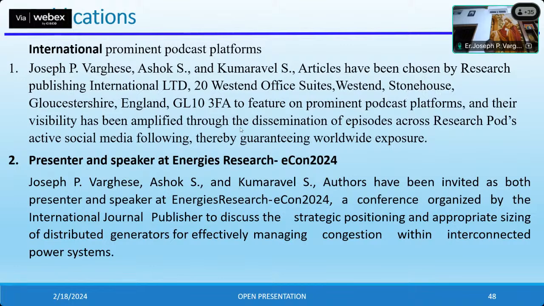We have been chosen for publishing by International Limited, Western Office UK, to feature on a prominent broadcast platform, and visibility has been amplified across active social media, thereby guaranteeing worldwide exposure. We have also been invited as both presenter and speaker at the Energies Research Conference, organized by the international journal publisher, to discuss the strategic position and appropriate sizing of distributed generators for effectively managing congestion within interconnected power systems.